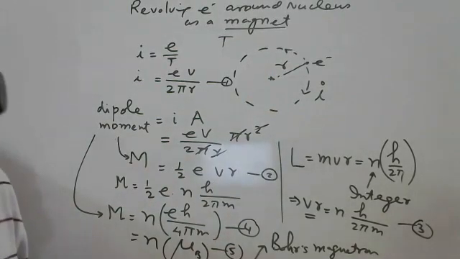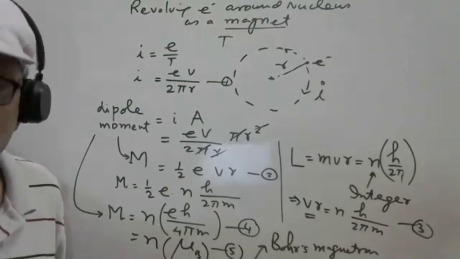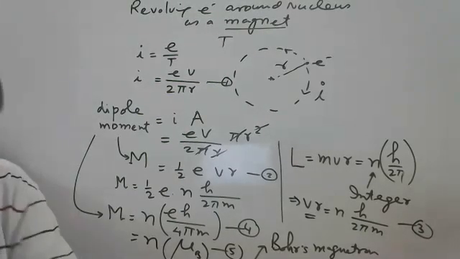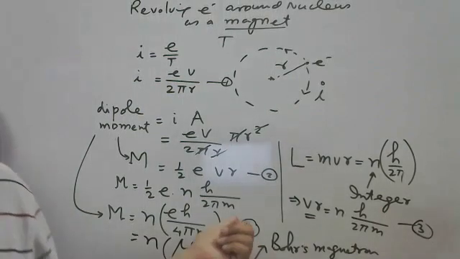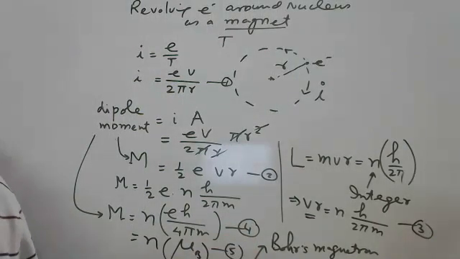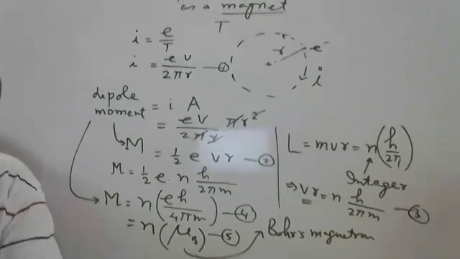We cannot get a single pole. Up to the electron level, the micro level, the atomic level, we always get the dipole. It means a monopole does not exist, theoretically and practically. Just see this and you can ask any doubt.